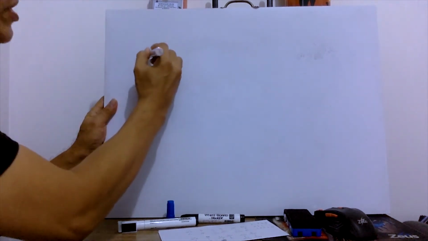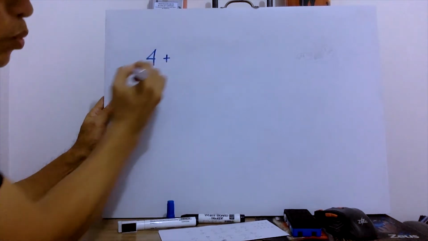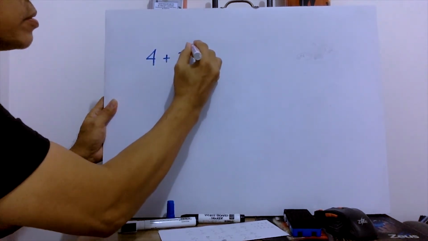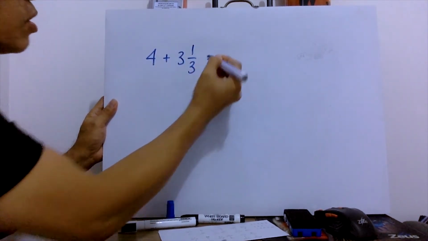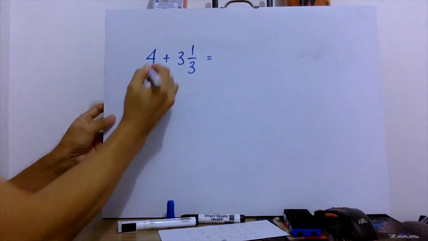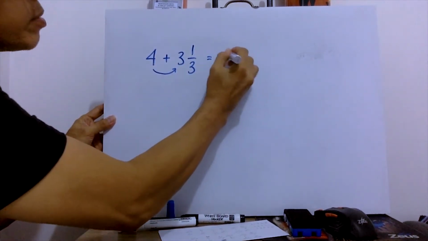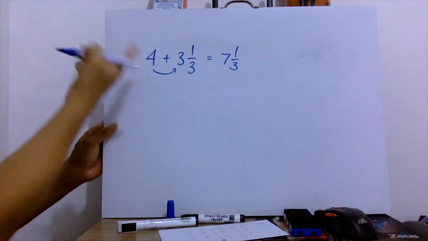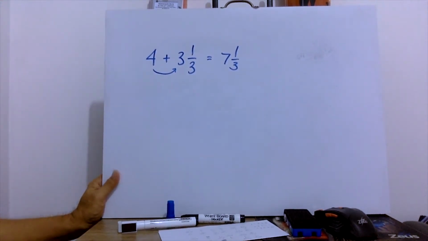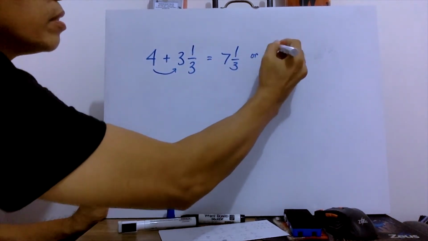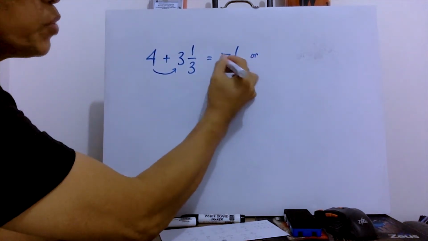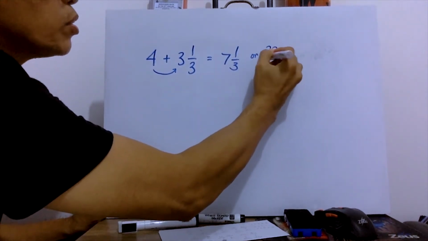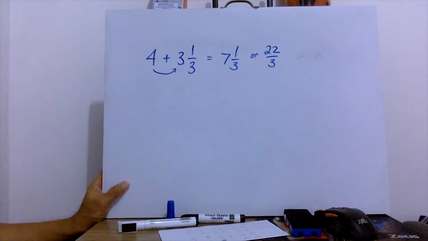So, what if we're adding a whole number with a mixed fraction? Very simple. Just add these two. That's it. So 7 and 1/3. Look at that. Very easy. Or that's 7 times 3 and 1 plus 1, 22 over 3.